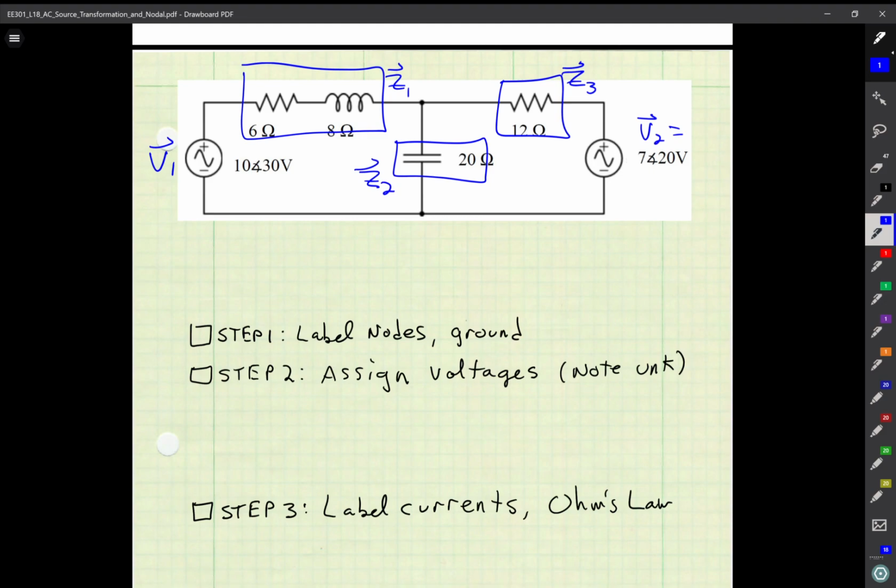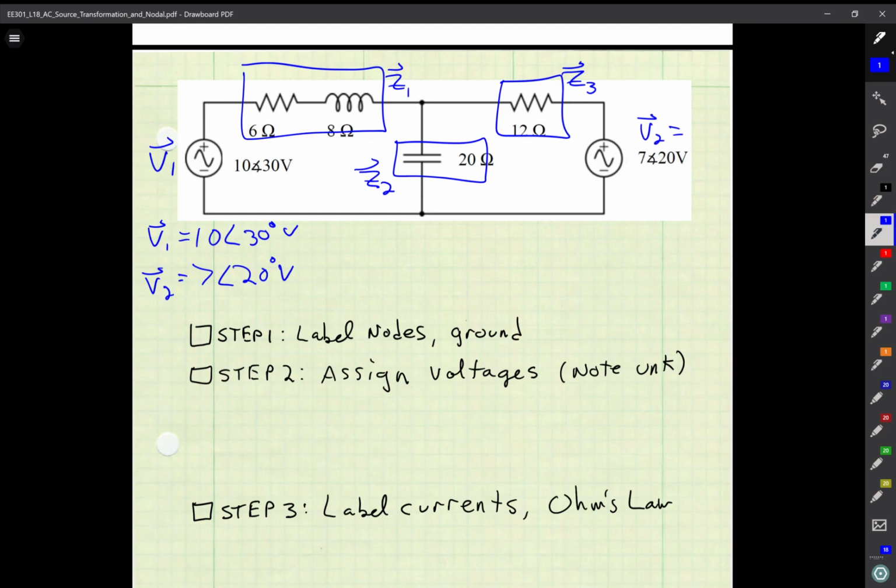So I'm going to label everything and just clean up all the known quantities in my circuit to start off with. So here I have V1, which is equal to 10 with an angle of 30 degrees volts. V2 is equal to 7 with an angle of 20 degrees volts.